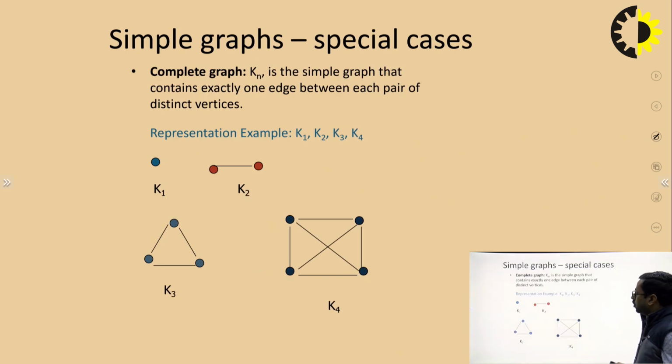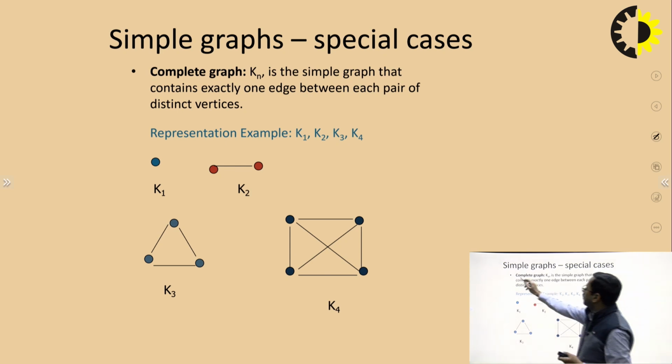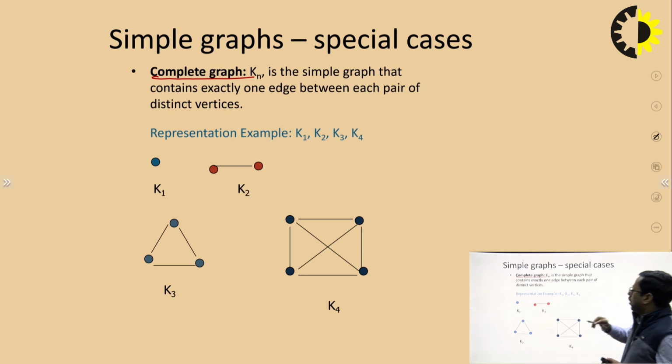What is the complete graph? It is a type of graph. It is represented as capital Kn. Kn is the simple graph that contains exactly one edge between each pair of distinct vertices.